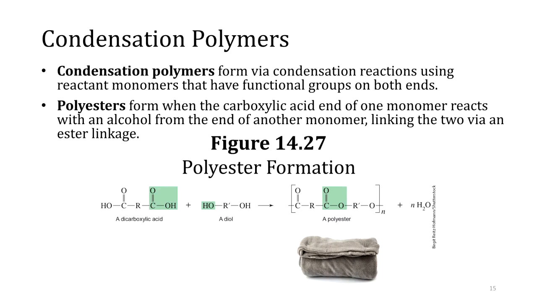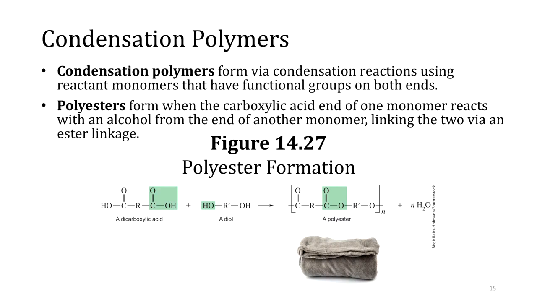Polyesters form when the carboxylic acid end of one monomer reacts with an alcohol from the end of another monomer, linking the two by an ester linkage. You can see we lose water and we form an ester. Since both ends of both molecules contain functional groups, once we've attached one, the other hydroxyl side on the diol can react with another dicarboxylic acid.